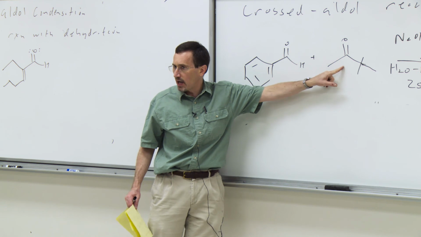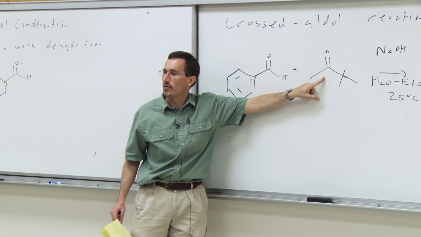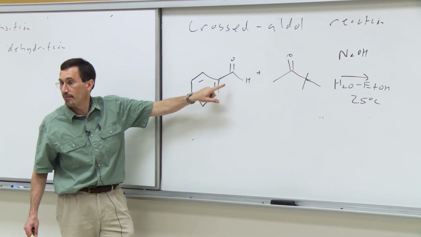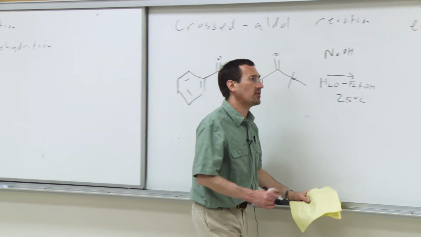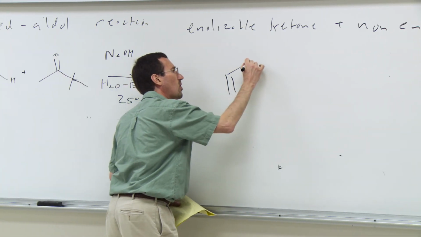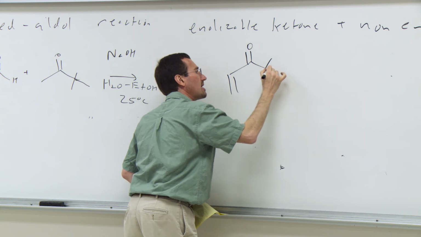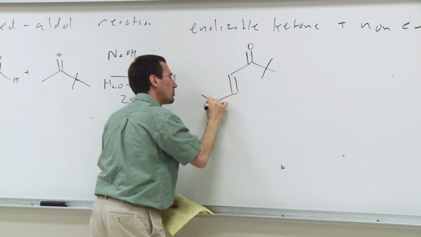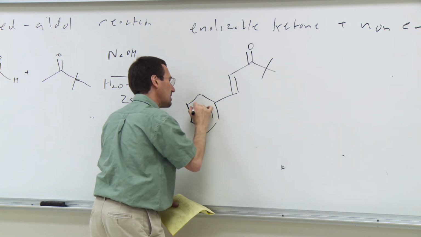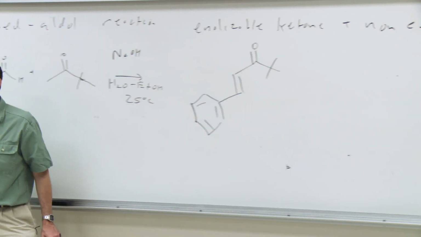But only one component, the ketone, can generate the enolate, and one component, the aldehyde, is more electrophilic, and so the overall result is that I get, with some sense of control, a single product out.